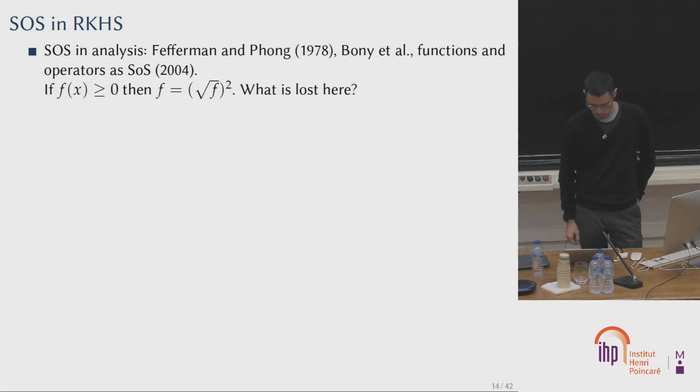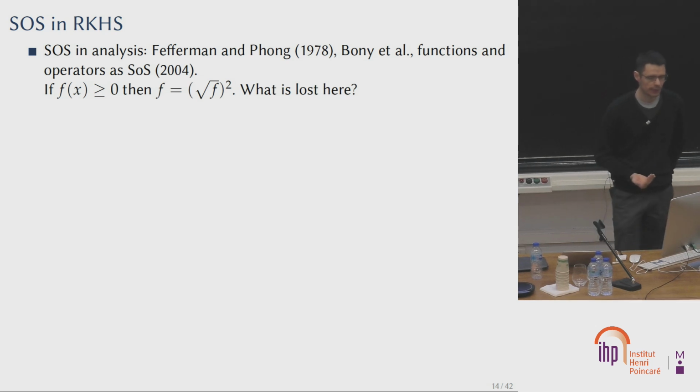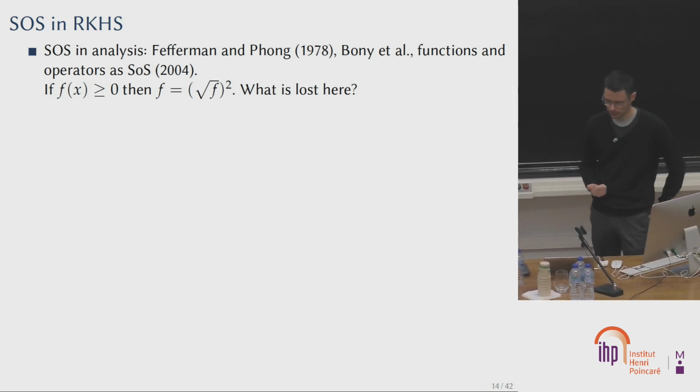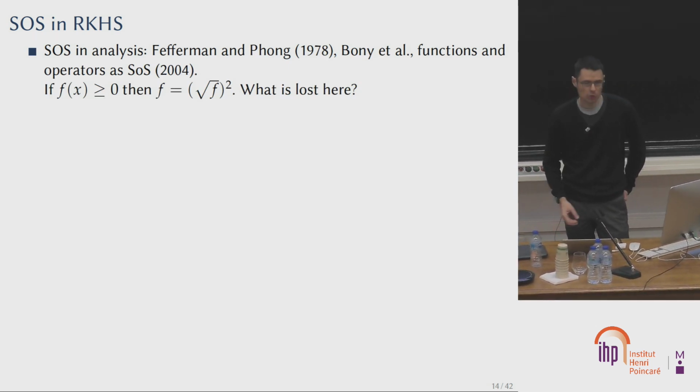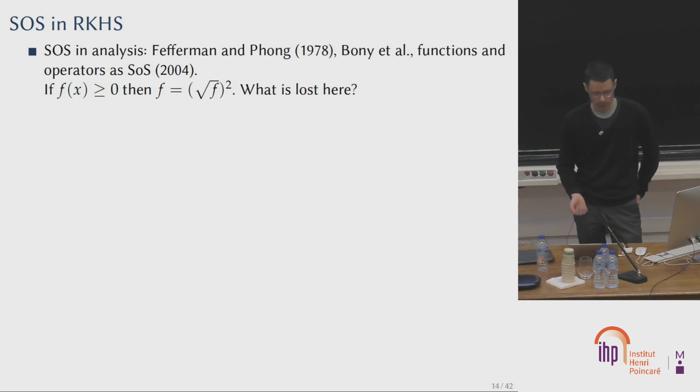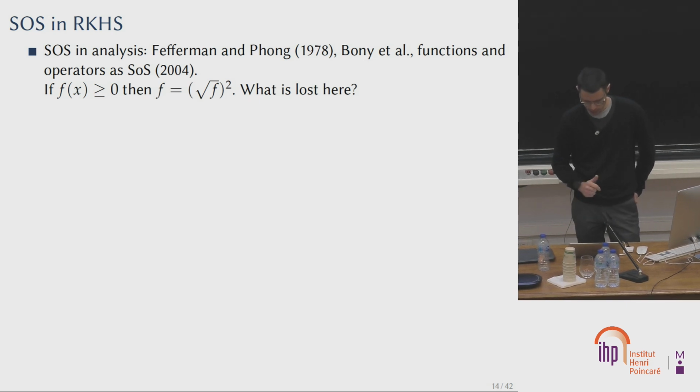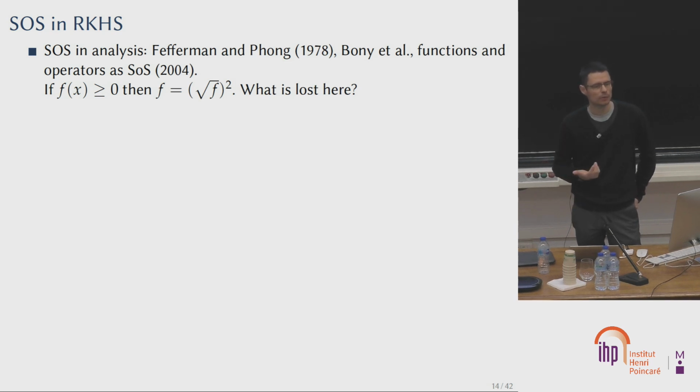Okay? This has a long history in analysis. For instance, it was proposed by Fefferman a while ago. And also, it was studied by Bony for functions and operators. So if you have f of x which is non-negative, what you can do is represent it as a sum of squares just by taking the square root.